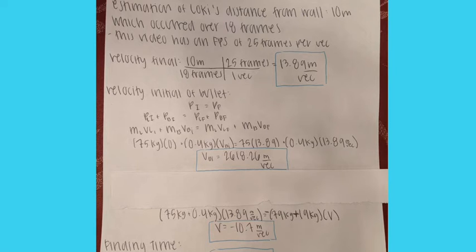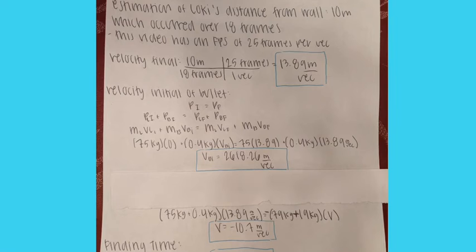Therefore, we can use the given information. So first, Loki's mass, which is 75 kilograms, times his initial velocity, which is 0, plus the mass of the bullet, which is 0.4 kilograms, times our unknown, which is the initial velocity of the bullet, is equal to Loki's mass, 75 kilograms, times the final velocity of both Loki and the bullet, 13.89, plus 0.4 kilograms for the bullet, times the same velocity, 13.89.